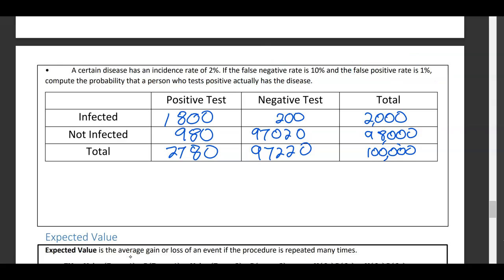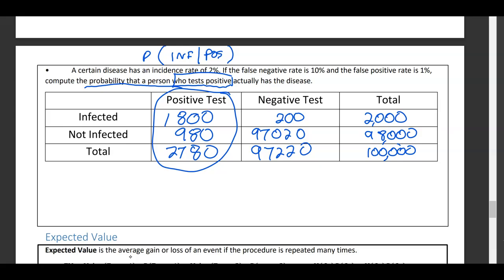So now that we have the two-way table, now we can do the probability that a person who tests positive, so that's given positive, actually has the disease, infected. We want to find the probability that they're infected, given that they tested positive. So, who tests positive forces us into this column.